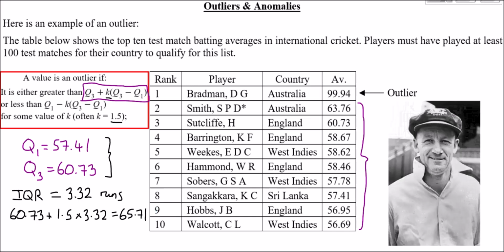So Bradman's average, you can see, is 99.94. So 99.94 is just a little bit above 65.71, I'm sure you'll agree. Therefore, Bradman is definitely an outlier.